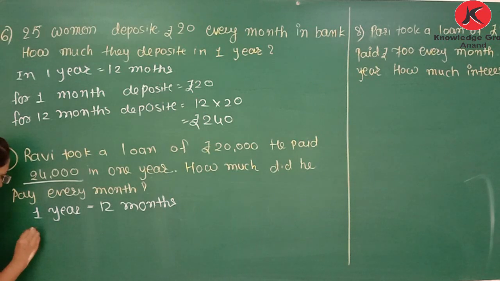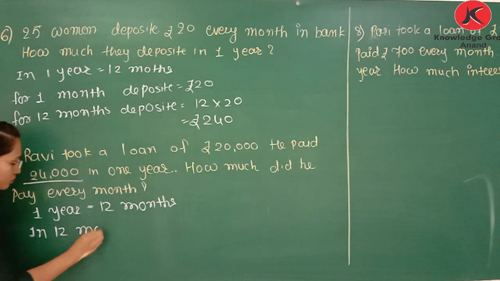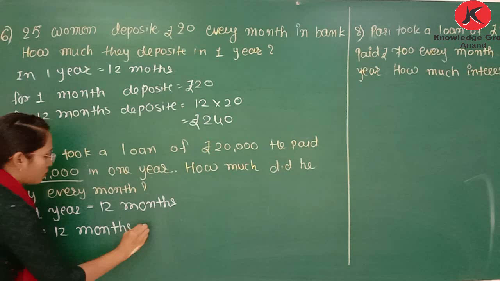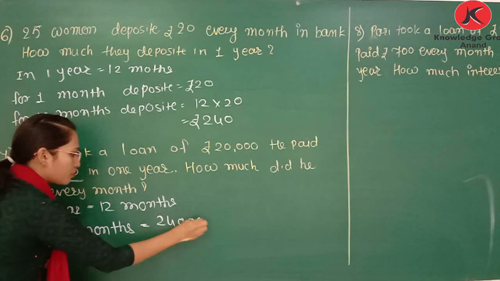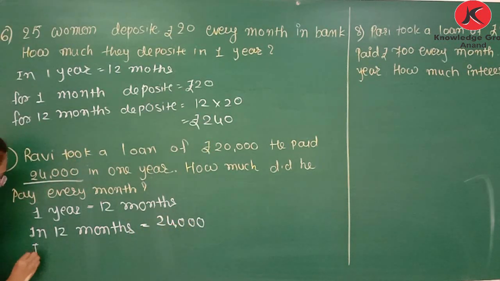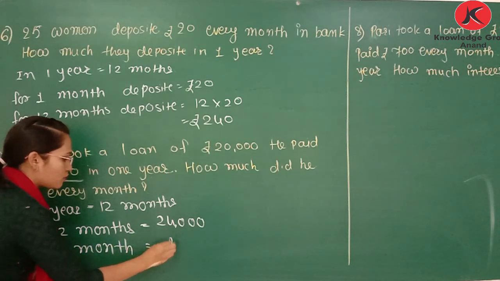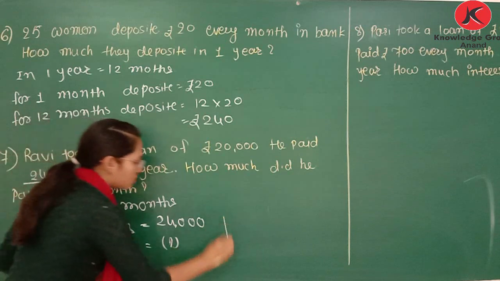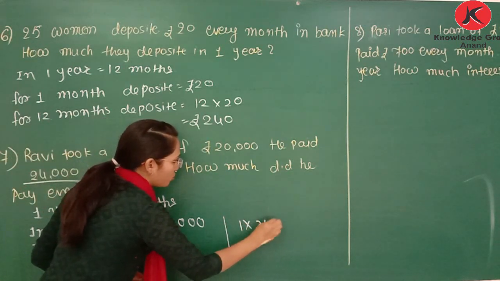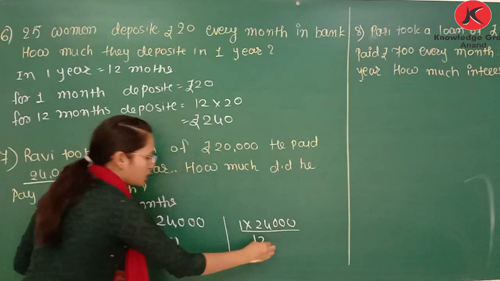So in 12 months, 24,000 paid by Ravi. So in 1 month how much will be paid? Cross multiplication. So 1 is multiplied with 24,000 divided by 12.